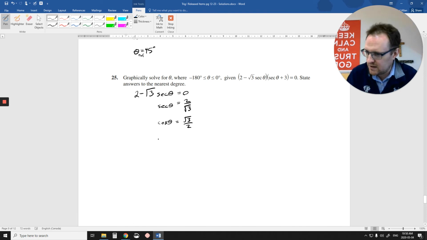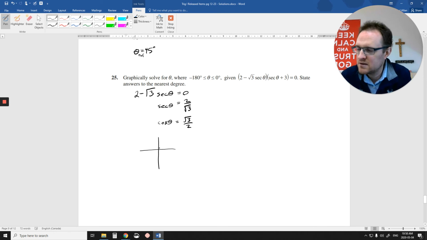Okay, so where is cosine positive root 3 over 2? Cosine is positive root 3 over 2 in the first quadrant, right there, and in the fourth quadrant, down here.